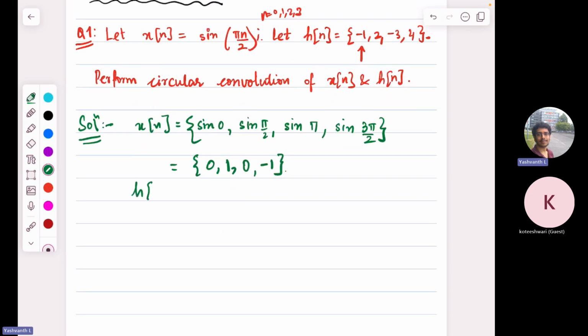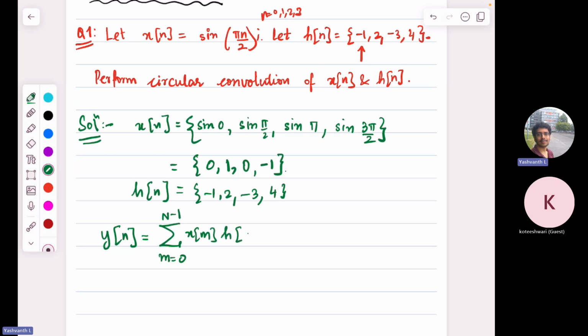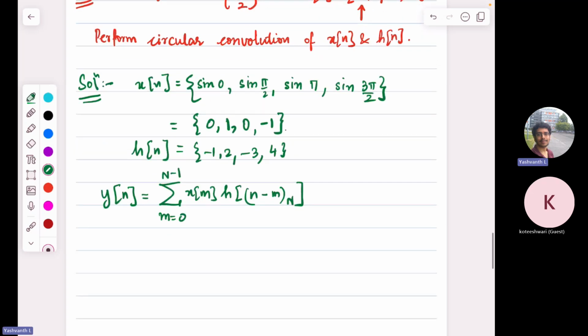And h of n, I'm just rewriting, is -1, 2, -3, and 4. Now, what is the expression for circular convolution? y of n is defined as the summation over m equal to 0 to N minus 1 of x of m into h of (n minus m) modulo N. What is N here?